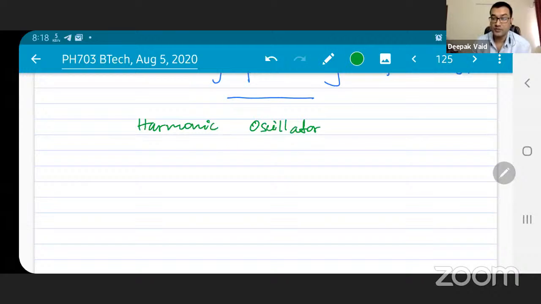Before I talk about the harmonic oscillator, I just wanted to mention again some good news for my MSc students, because for the BTech students the class is almost over. The pen for my tablet: I have been tracking the delivery, and it has left. The flight departed from Beijing on 2nd November.